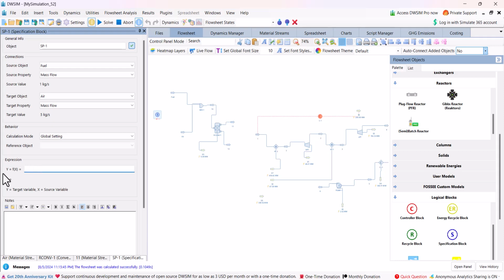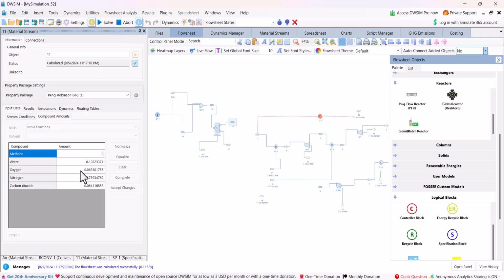So y is air, the target object. Normally it is 17.5 kilogram per second of air required for every kilogram per second of methane, and we are adding 50% excess here, so I am multiplying it with 1.5, and then if I solve it, it's being solved, and if you see now methane is 0 and oxygen is present, so we are on the right track.